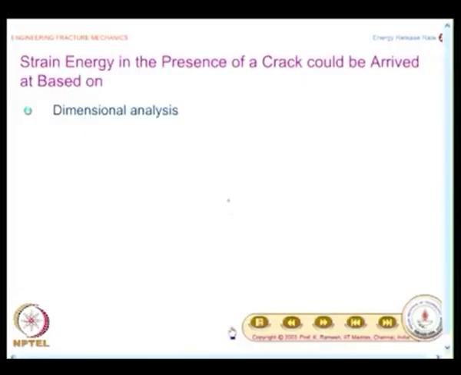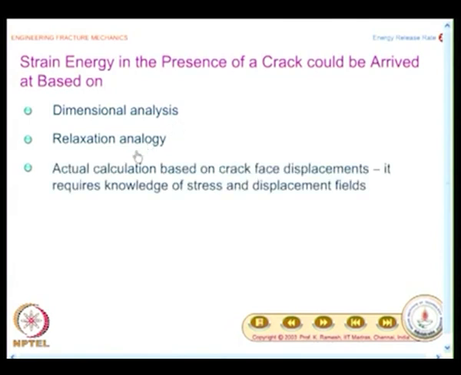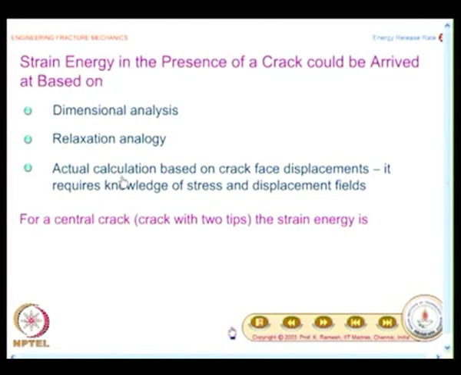If you really look at it, we want to evaluate strain energy in the presence of a crack. It is not a simple task, and we saw that it could be arrived at based on dimensional analysis, relaxation analogy and finally actual calculation based on crack face displacements.